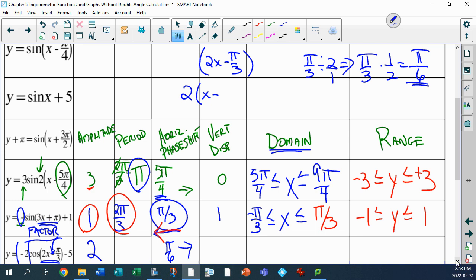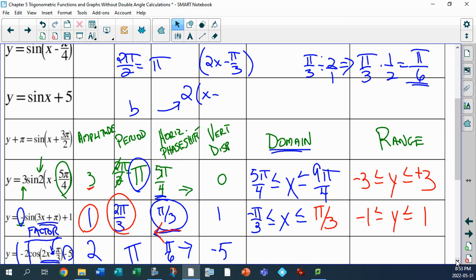Well, hey, don't forget, this guy's your b value. 2 pi over your b value, 2, gives you a period of pi. Sweet. This is going a lot faster now, isn't it? Vertical displacement, minus 5. You're going down 5.